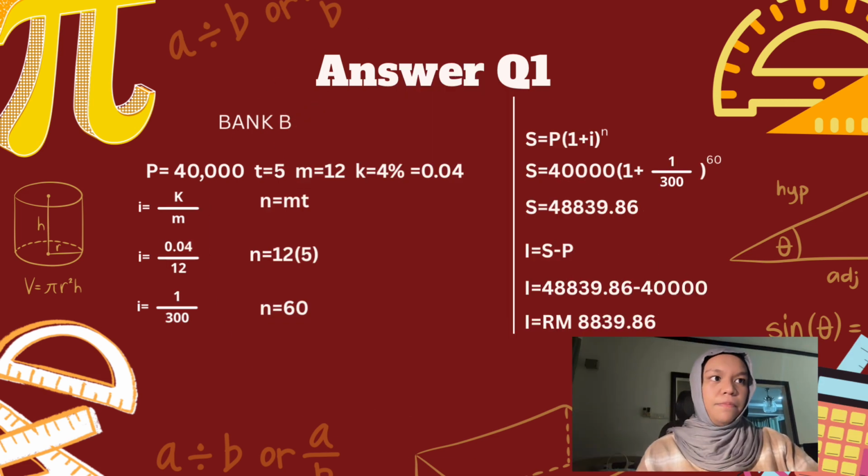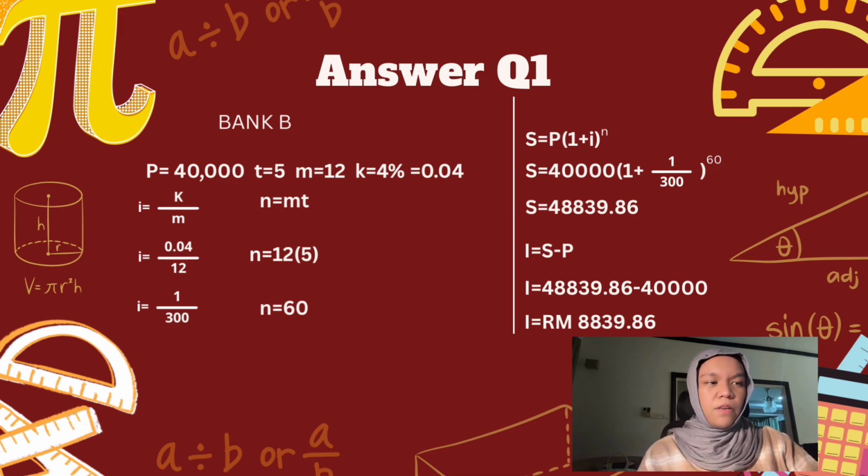And for Bank B, we have to do the same steps like we did in the Bank A calculation. So for Bank B, the P value is 40,000, T value is 5, M value is 12, and our K value is 4%, which is 0.04.